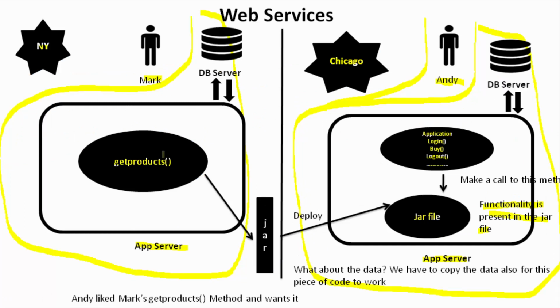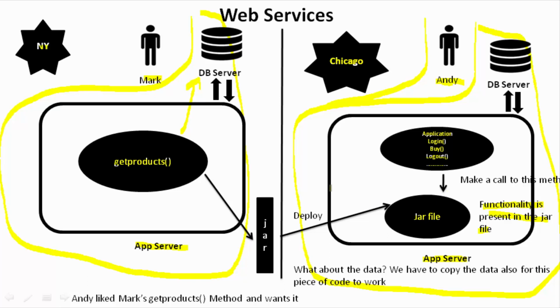Now, whenever this get products piece of code gets executed, it will make a call to this particular database server. So whenever the get products code over here is executed, which database will it make a call to?